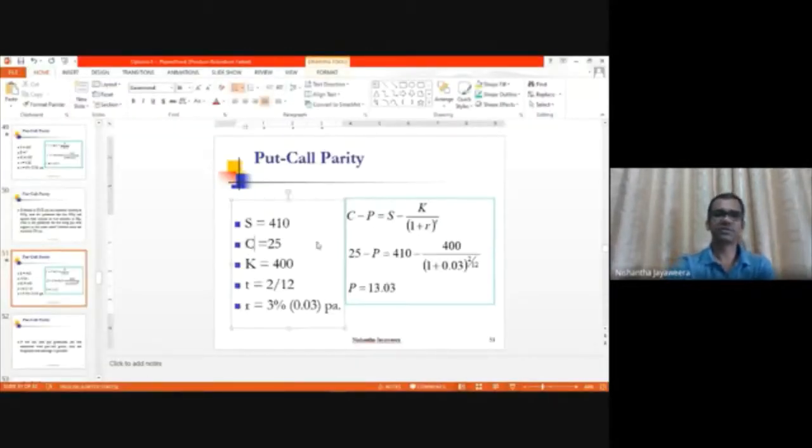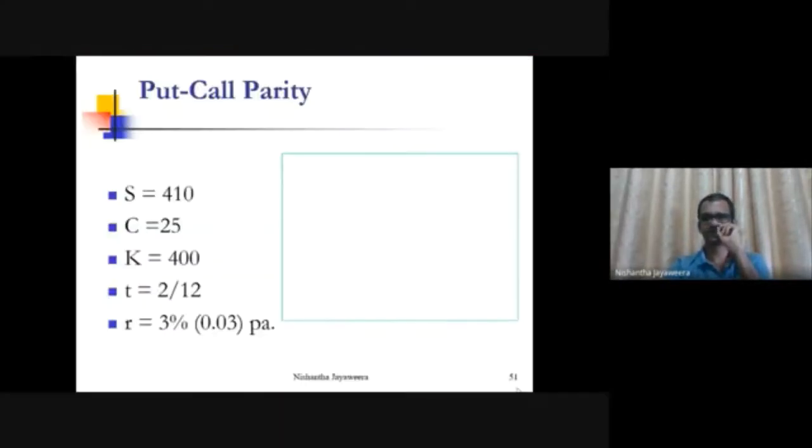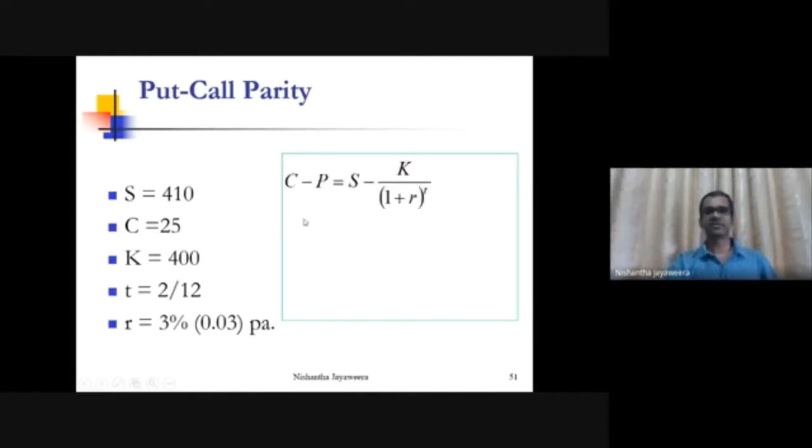Premium on the call option is 25. Strike is 400. Time is 2 divided by 12. R, or the interest rate, is 3%. So again, the put call parity is call premium minus put premium equals spot price minus present value of the strike.